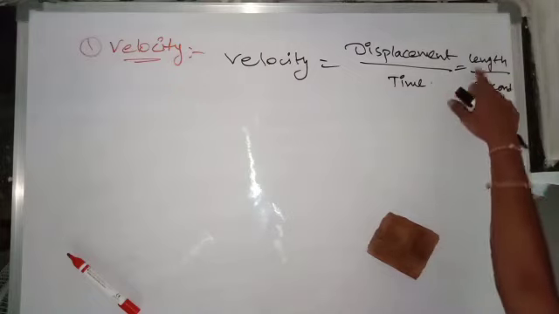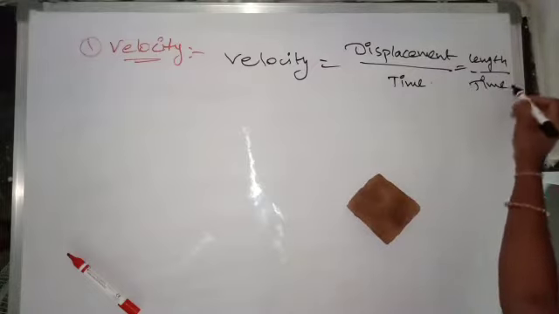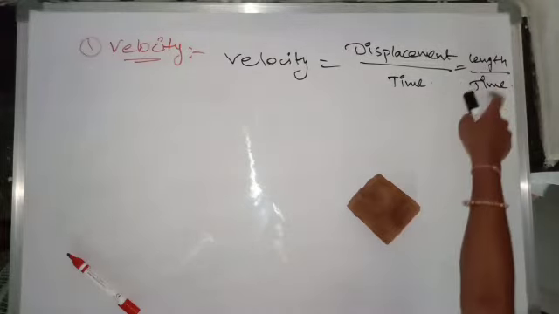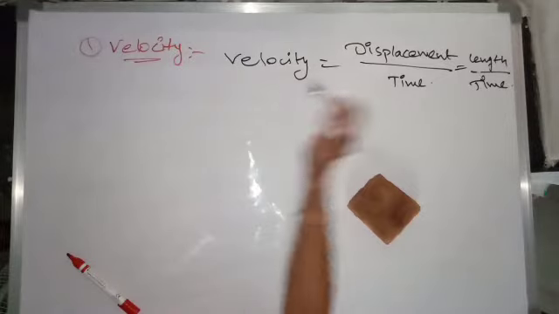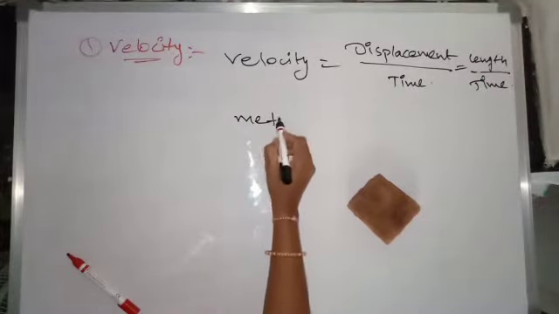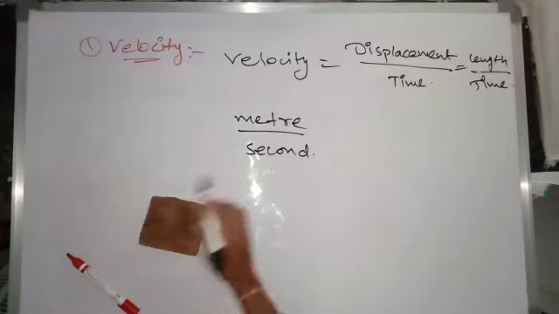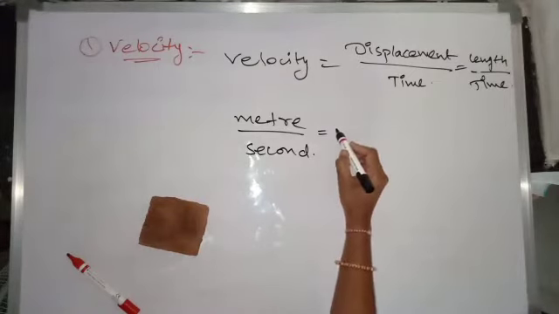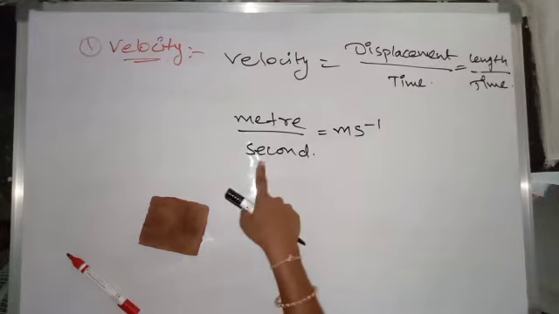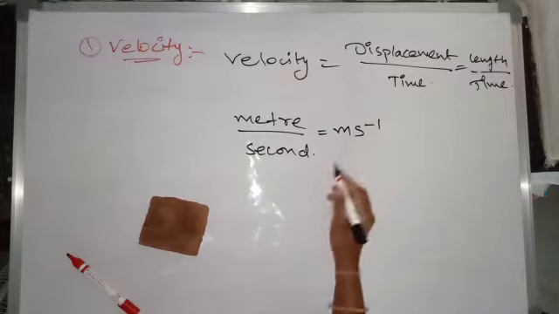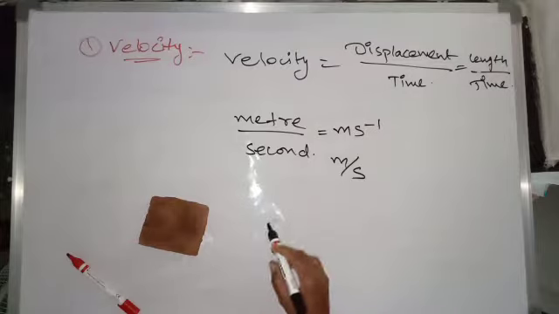Length is the physical quantity here, and you write time itself. What are the units for length and time? We can measure length in meters and time in seconds. This is also written in the form of meter per second. If you use the solidus, this can be written as m by s.